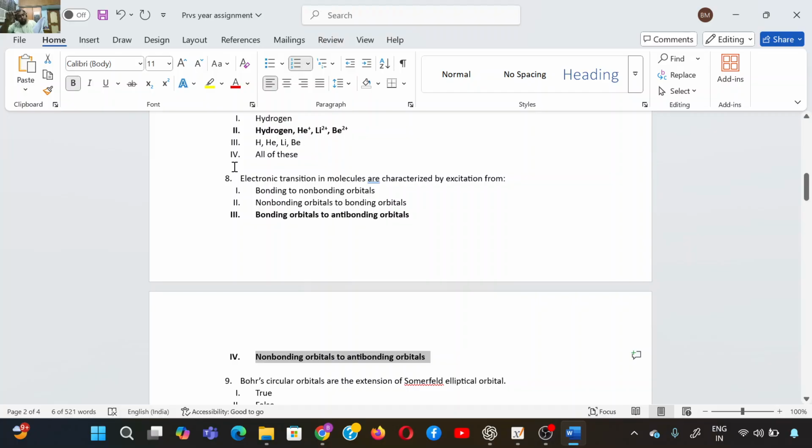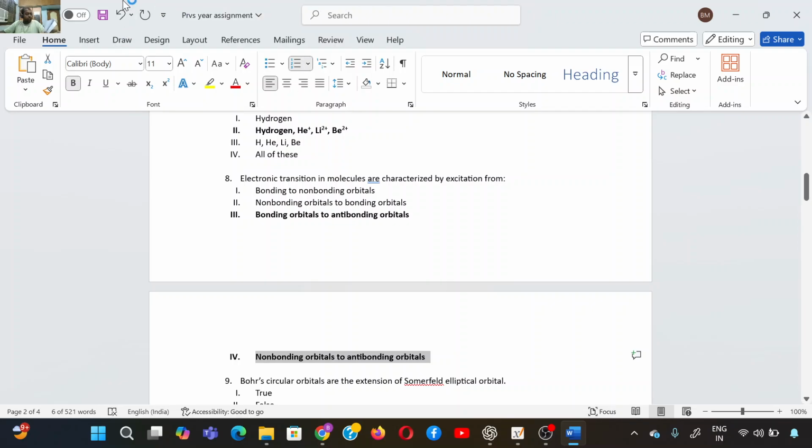Or it can go from a non-bonding orbital to an anti-bonding orbital, like n to pi star, or n to sigma star. There's no other option, right? So refer to the previous class notes, okay? But I think both should be correct. Maybe if you doubt, next class you can go deeper into that. I have to refer to the previous class notes; I don't have them right now.